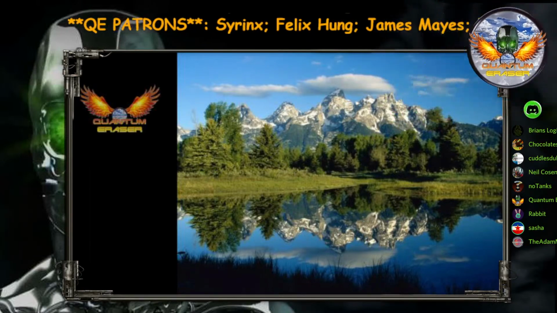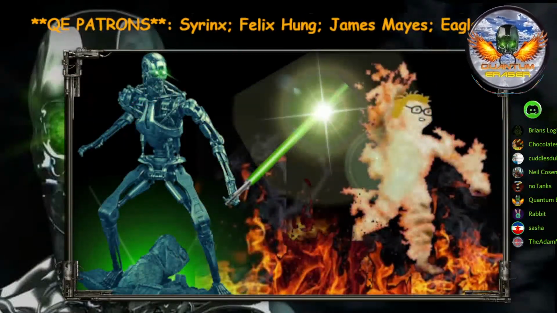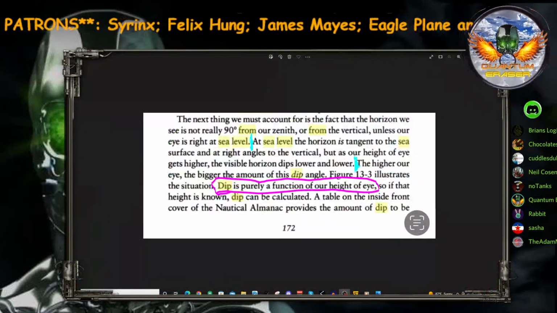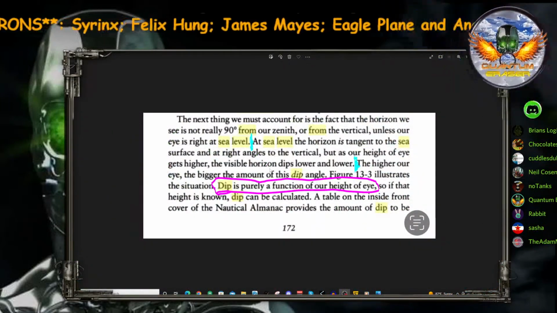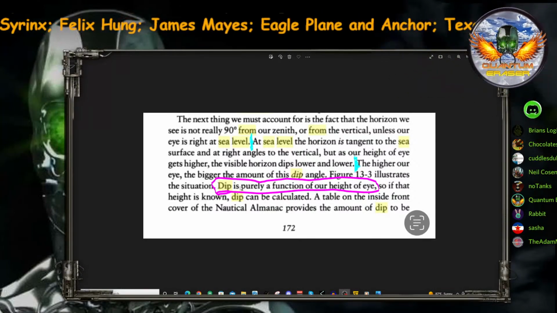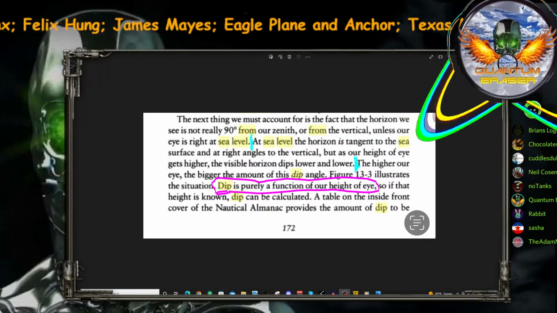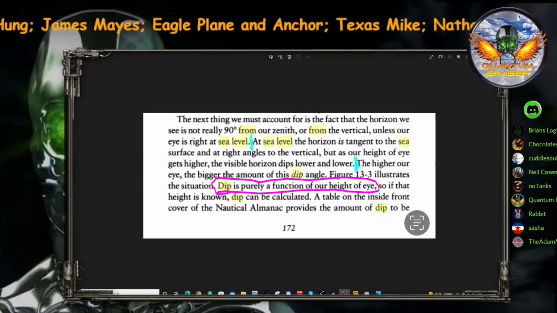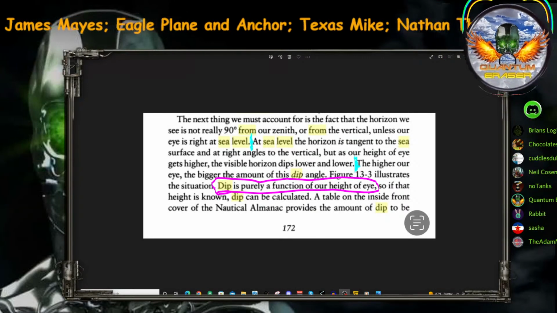What is the difference between sea level and sea surface? Oh, that one. Okay, let me put it back up so everyone can see what he's talking about. Yeah, this is a real cluster gaggle. Except the purple outline, he is correct right here. Dip is purely a function of our height of eye, but everything else, he needs to be institutionalized.